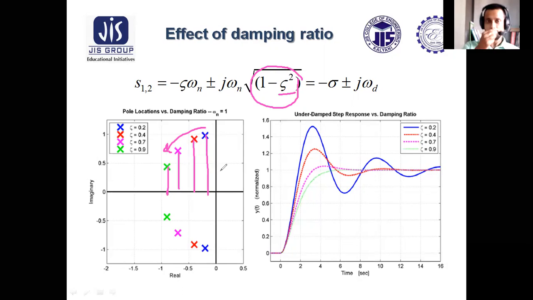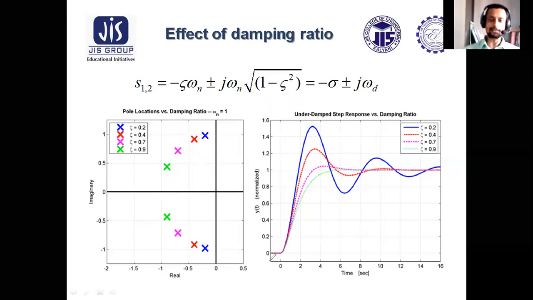So for a lower value of zeta, the pole will be located closer to the imaginary axis and away from the real axis. If the zeta value is much higher, then the pole will be far away from the imaginary axis, so the real part will be more and the imaginary part will be less. That is, it will be much closer to the real axis.